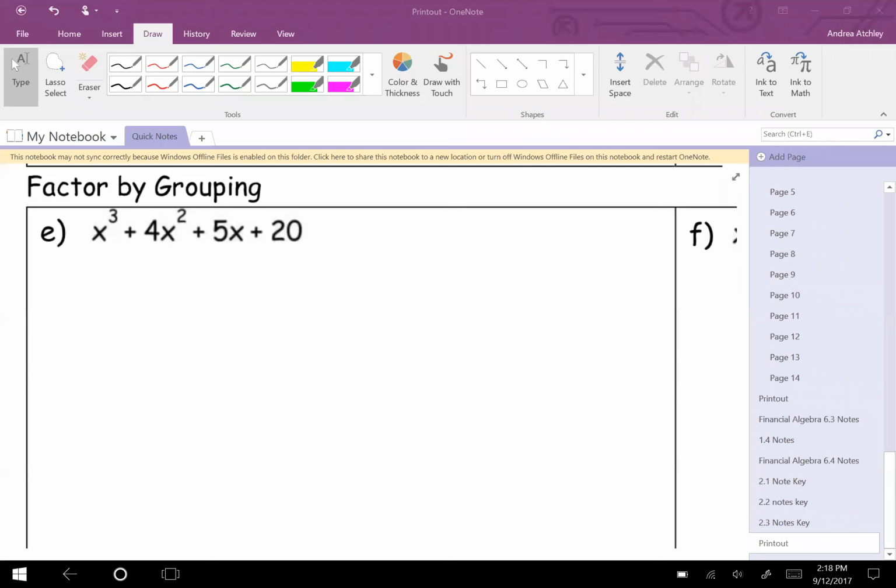Okay, when we factor by grouping, we have to do a few things first. The first thing is, does it have a GCF? So x cubed plus 4x squared plus 5x plus 20. Is there something that they can all be divided by?